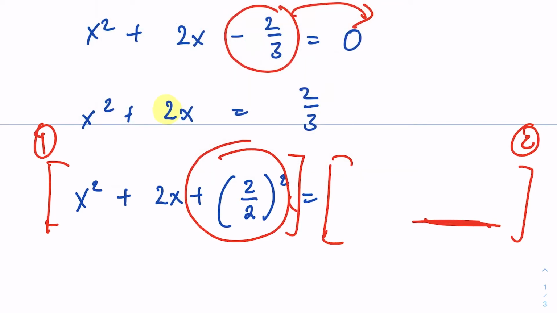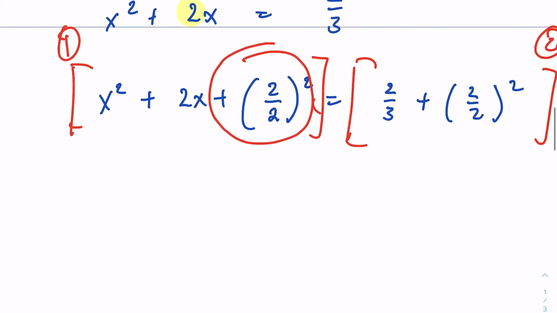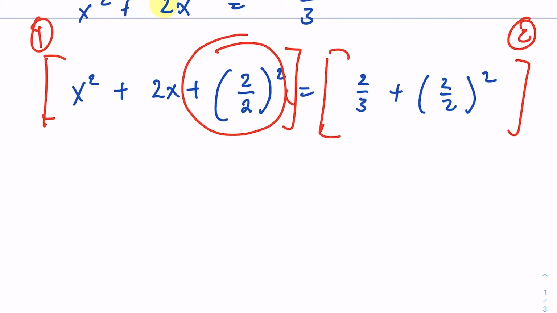So we add 2/3 here, and then we add the 2 over 2 squared. Sorry, then after that we'll continue by simplifying it.